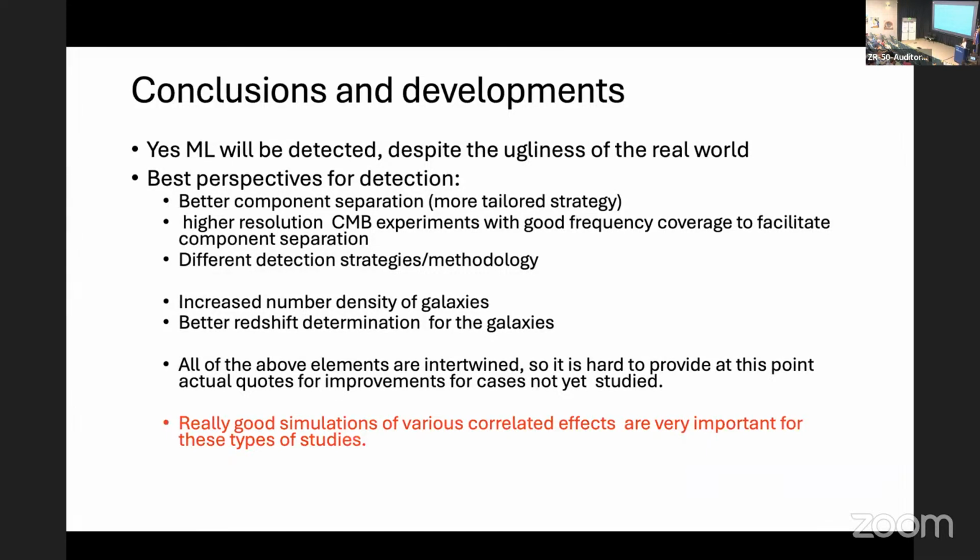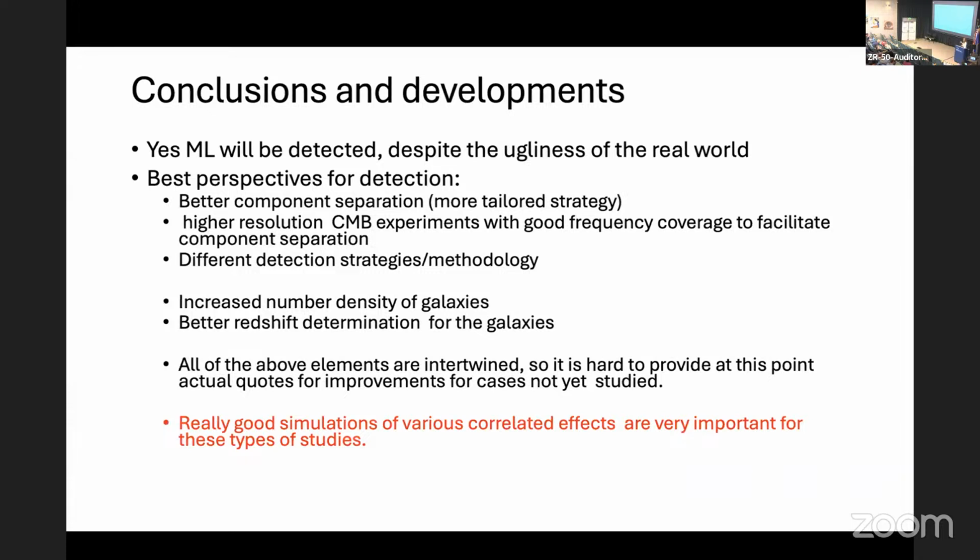For example, for CMB-S4 at the scales of interest for us, there wasn't such a thing when we started the analysis. And we couldn't do this kind of analysis for CMB-HD, which has a higher spatial resolution, and it would have been interesting to see how much better we could have done, but the simulations were sort of not good enough, quote unquote. So we do need better simulations to be able to address all these issues.